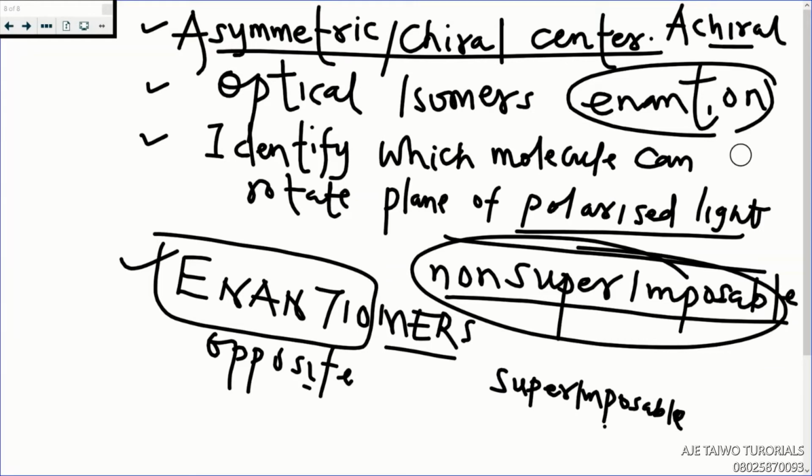They can ask you, define an achiral molecule. Achiral molecules are molecules with superimposable images. Like what? Look at a circle in a mirror. You will see a circle. You can put the circles on each other because it's symmetrical. And the molecules are symmetrical.